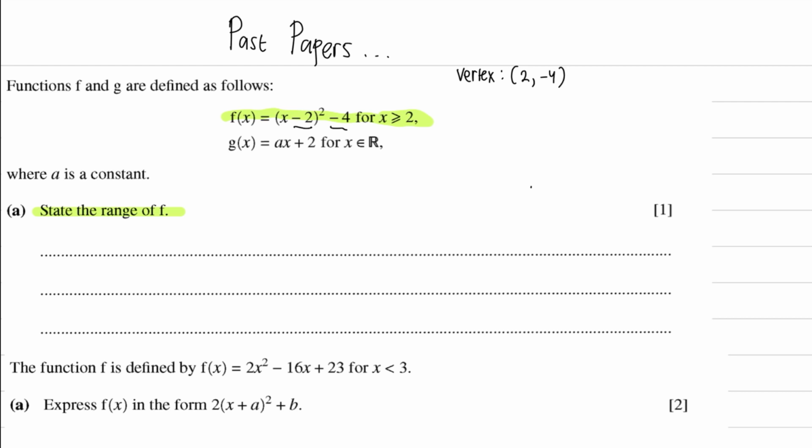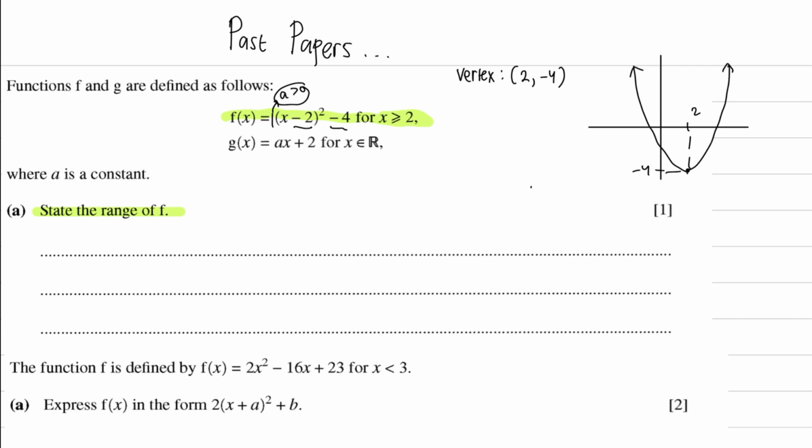And because we know that the a value here are positive, which is 1, that means if we draw the graph, this is 2, this is minus 4, and this is our vertex. And because a is bigger than 0, the graph will facing upwards like this.